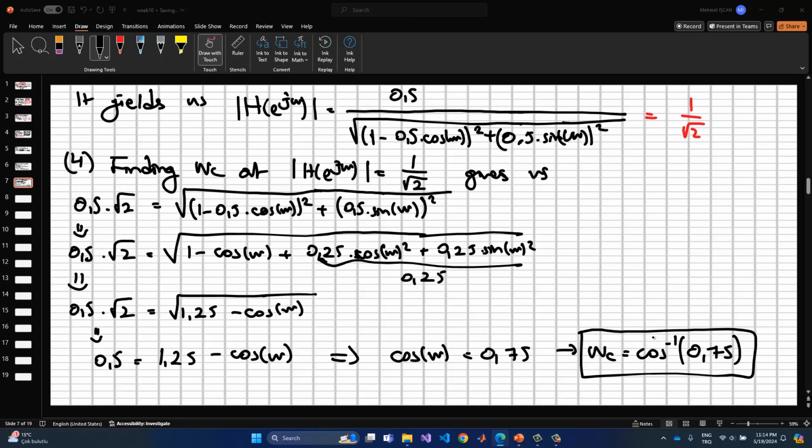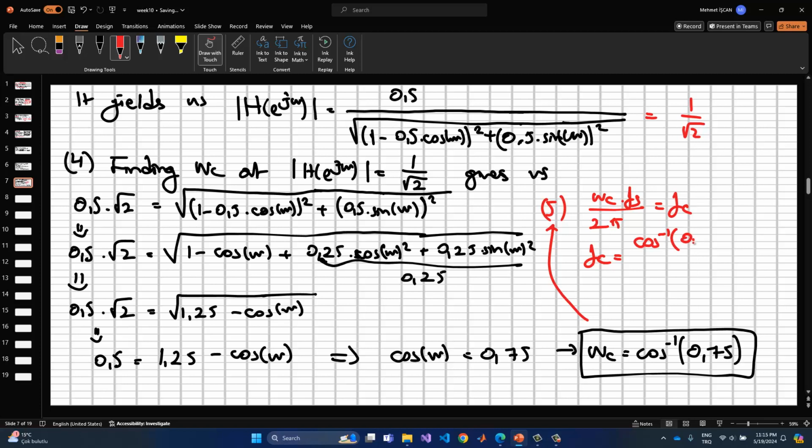Okay, after that we need to convert these terms in here, as the result of the solution. ωc times fs divided by 2π must be equal to fc, and so fc can be written as arccos(0.75) times fs divided by 2π. Okay, this is the cutoff frequency for a given transfer function in this case.